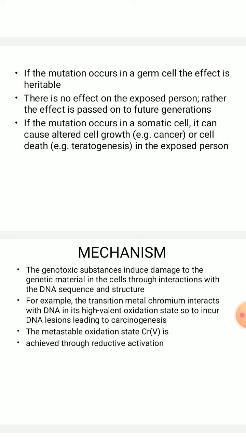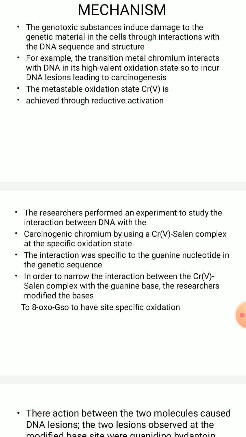So the researchers performed an experiment to study the interactions between the DNA and the carcinogenic chromium, mainly by using the chromium salen complex at the specific oxidation state. This interaction was very specific to the guanine nucleotide in the genetic sequence.